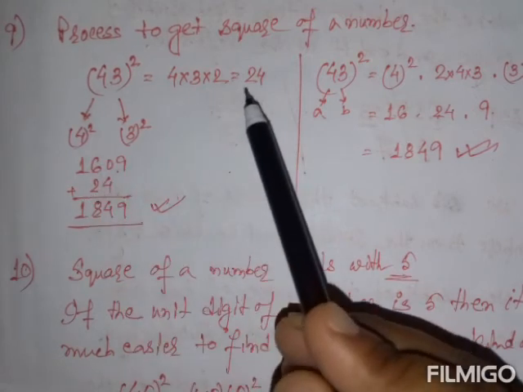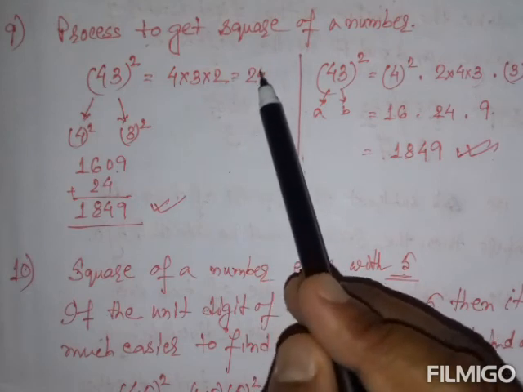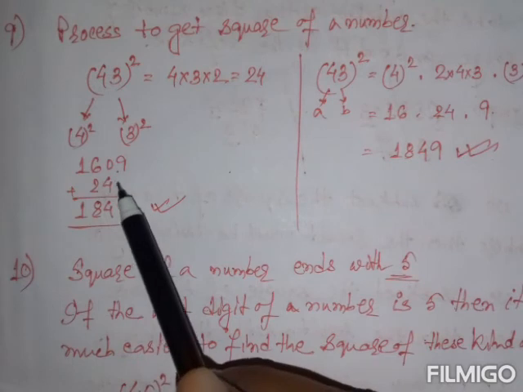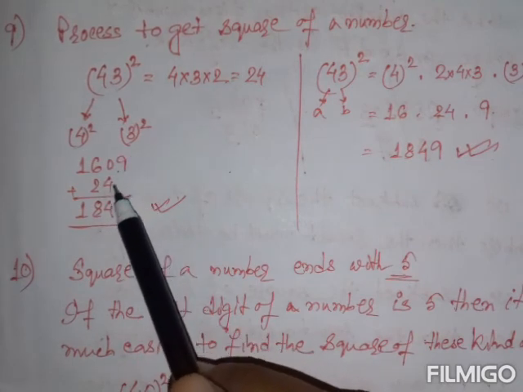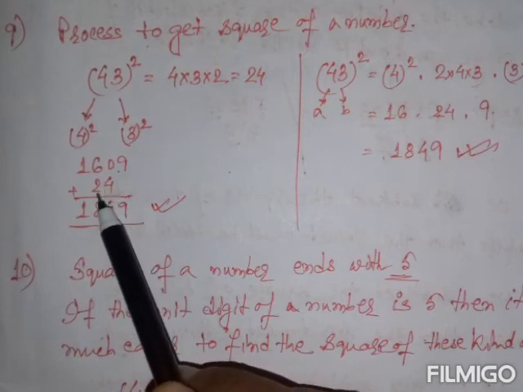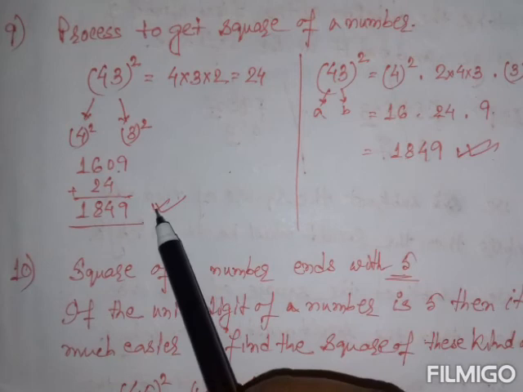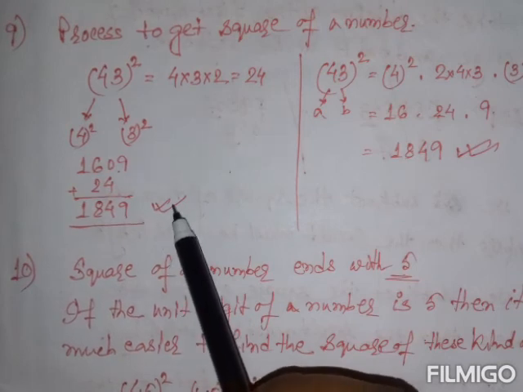Okay. Now we can add this 24 with 1609 in this manner. We can't write anything below the unit digit. From the tens digit we write 24. Now we add this, and this is the square of 43.